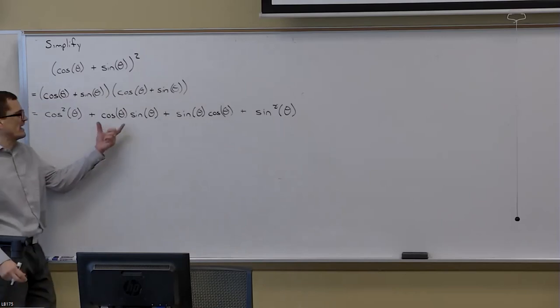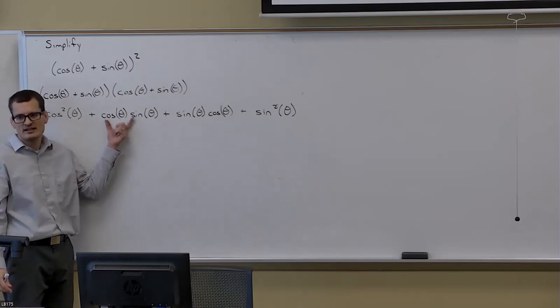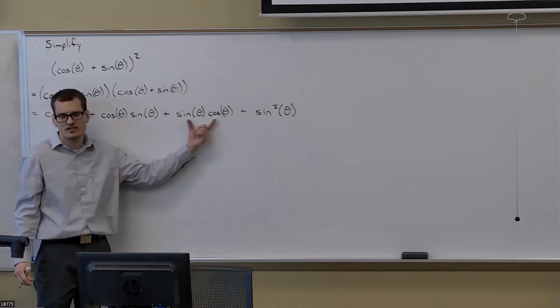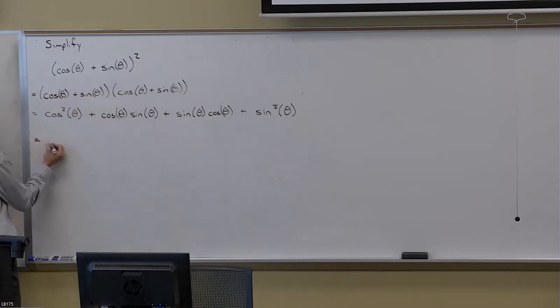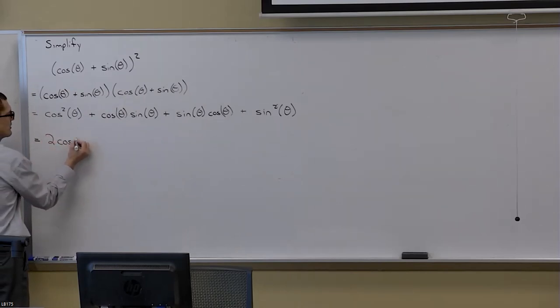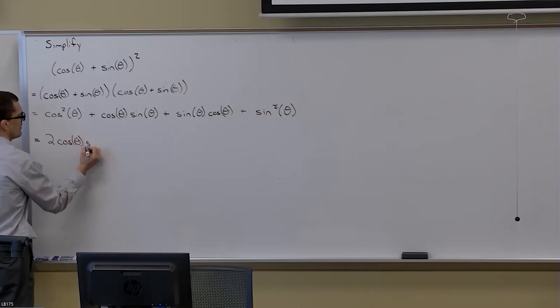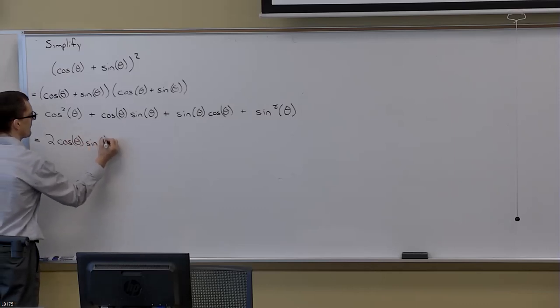Hopefully we can see that cosine times sine is the same thing as sine times cosine. Order doesn't matter here. So I'm going to combine those, and put these in the front. So I'm going to say 2 times cosine theta sine theta.